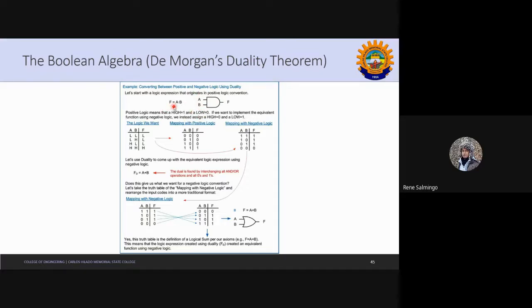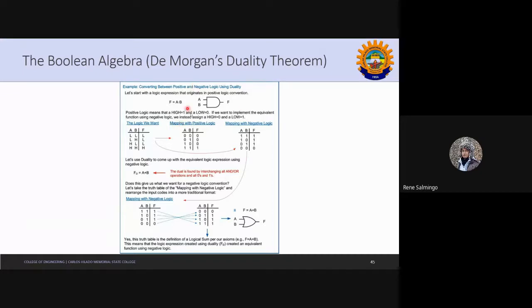So the function equals A and B. In order for us to map, we have to map by positive logic.